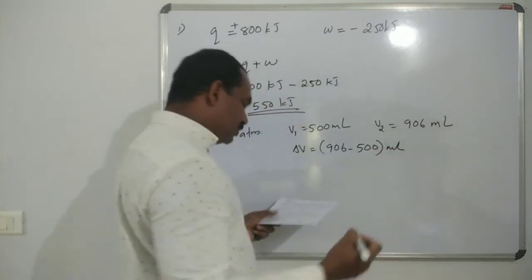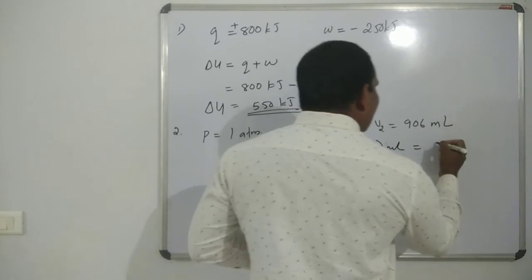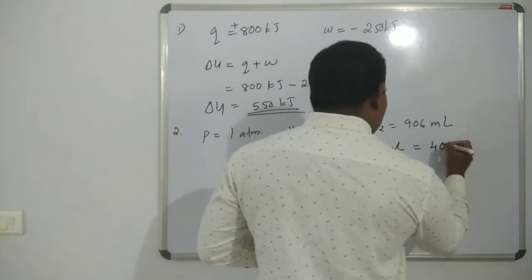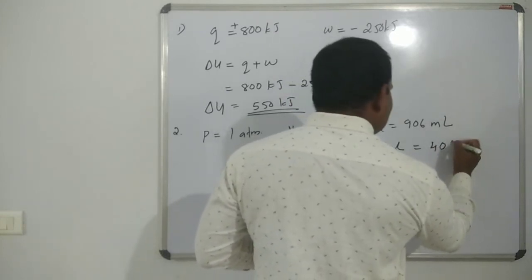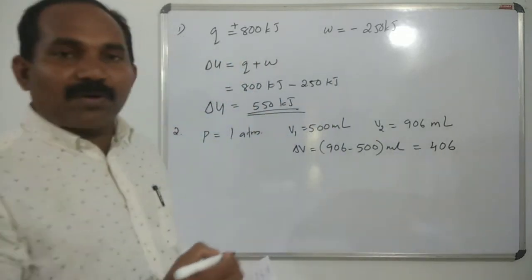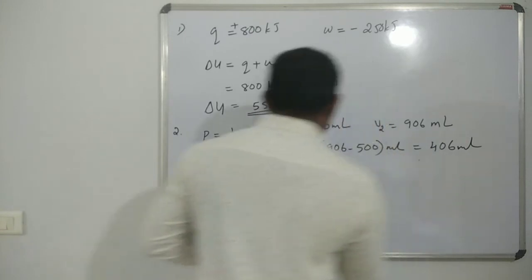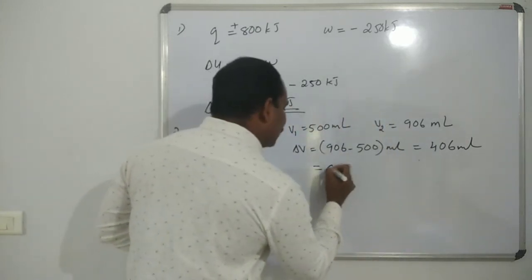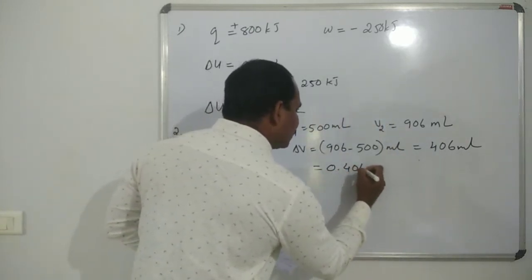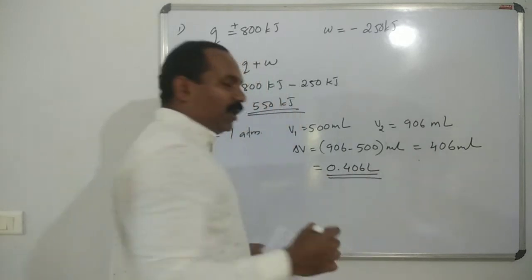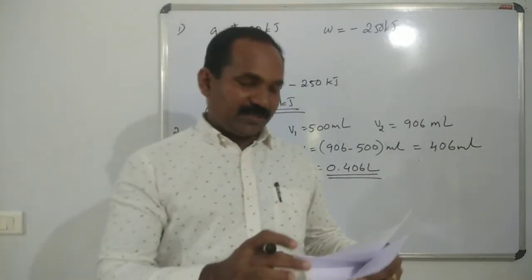What is the change? It is 406 milliliter. We can write it in liters: it is 0.406 liters. Usually we do it in liters.